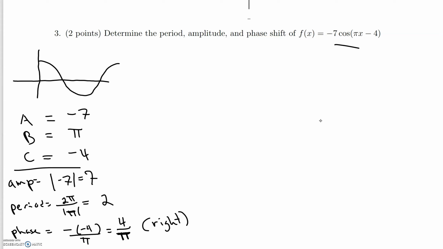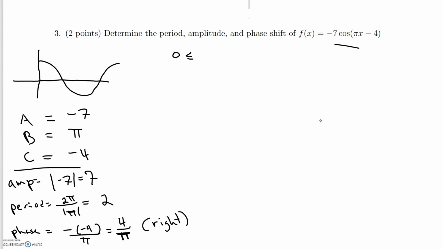This problem doesn't actually ask me to graph it, but I'm going to go ahead and do that anyway, or at least roughly graph it. So let's figure out our start and stop.